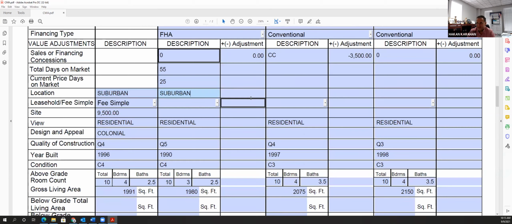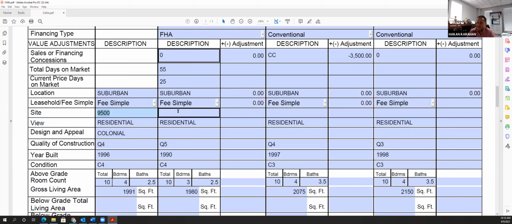If it was in a rural area, then you would put rural. All right. Leasehold, fee simple. We'll use fee simple for all of them. So there are no adjustments on the locations. Okay.